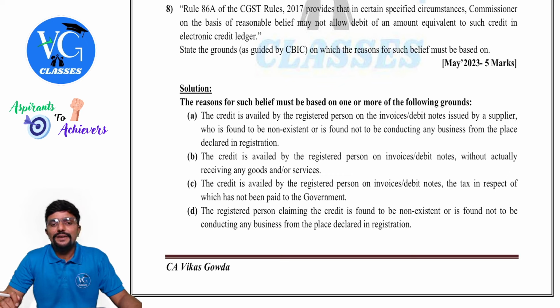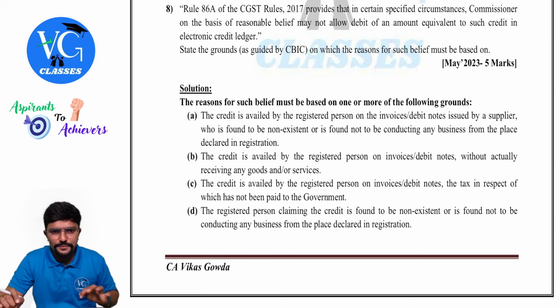The credit is availed by a registered person on invoices or debit notes without actually receiving any goods and or services, because one of the condition under section 16 is you have to receive the goods and services in order to claim the credit. Next, the credit is availed by a registered person on invoices or debit notes, the tax in respect of which has not been paid to the government. By whom? By the supplier.